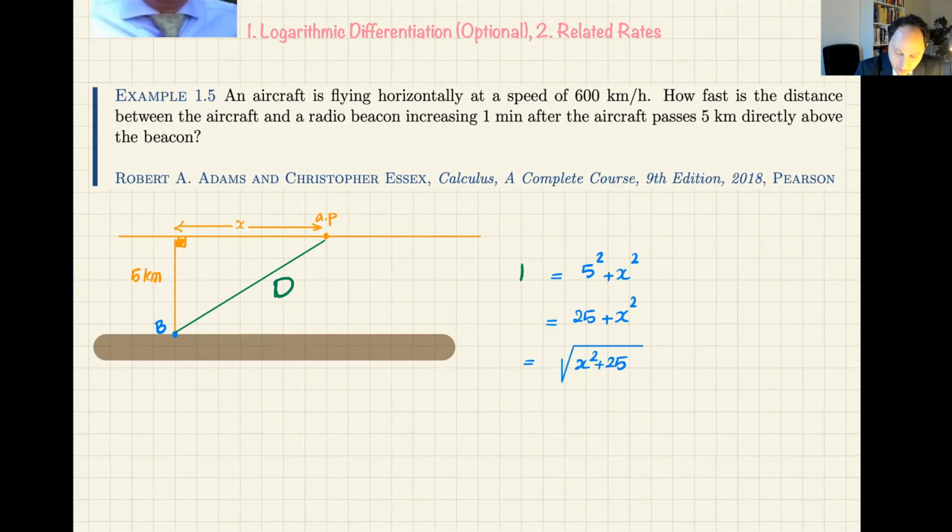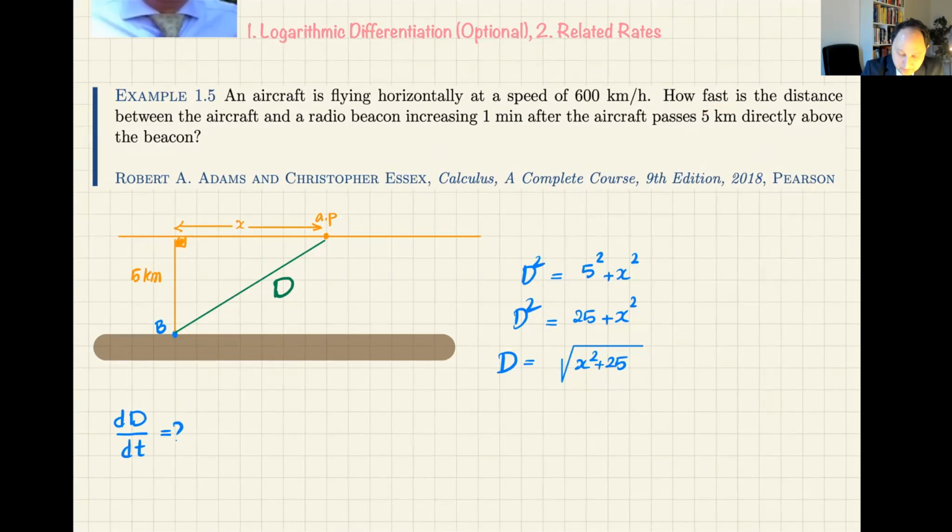Oops, sorry, D squared, and then this is D. Okay, but by reading the question, you want to answer how fast the distance is changing. So what you want is the derivative of D over time. This is your question mark.